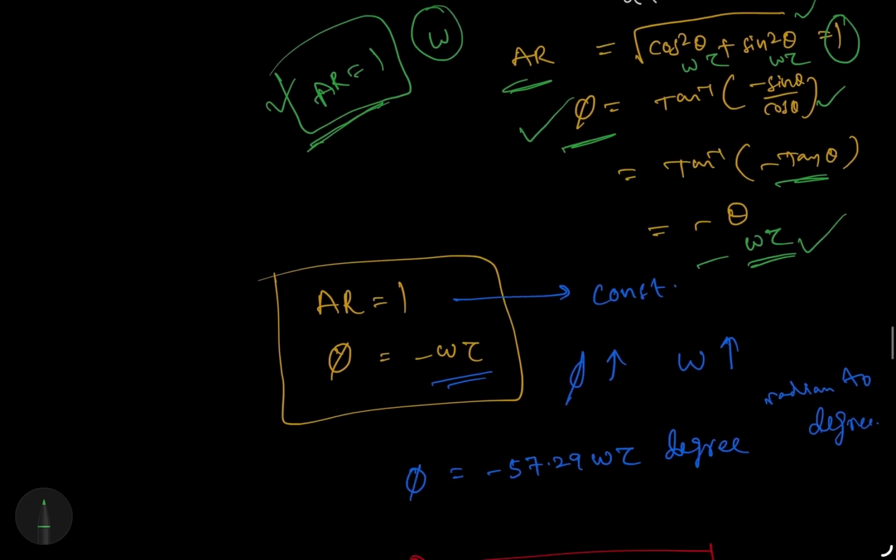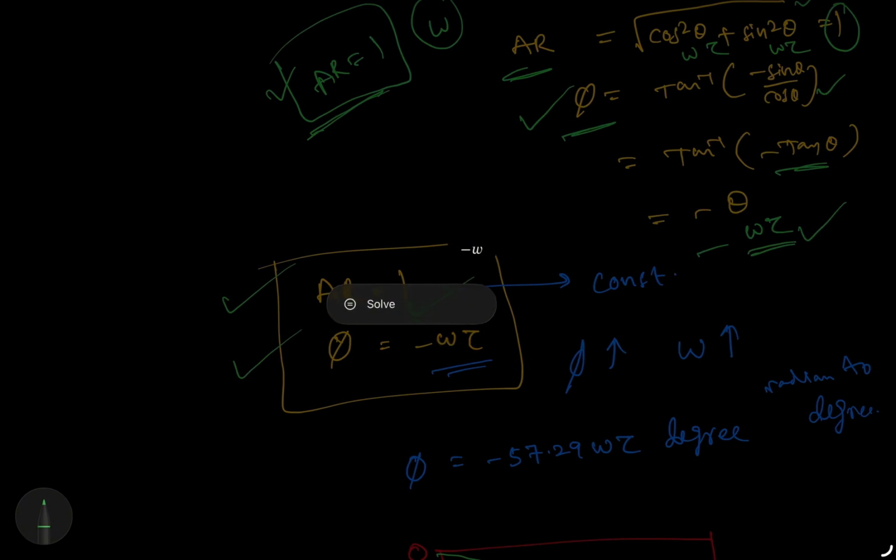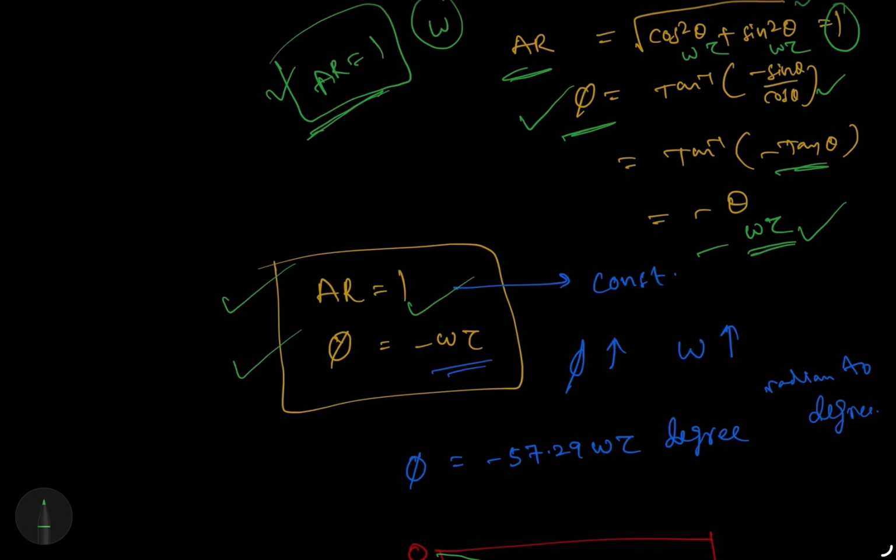So that's what we can learn from this part. Okay, so the amplitude ratio r equals 1, and the phase angle is minus omega tau. This is what it implies on the Bode plot, since the amplitude ratio is constant and does not vary with the frequency.